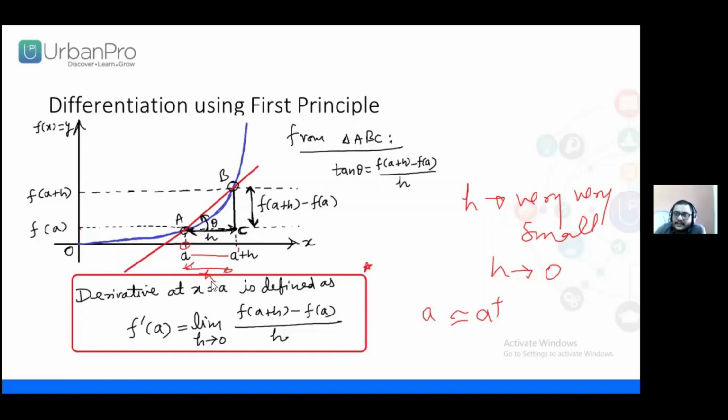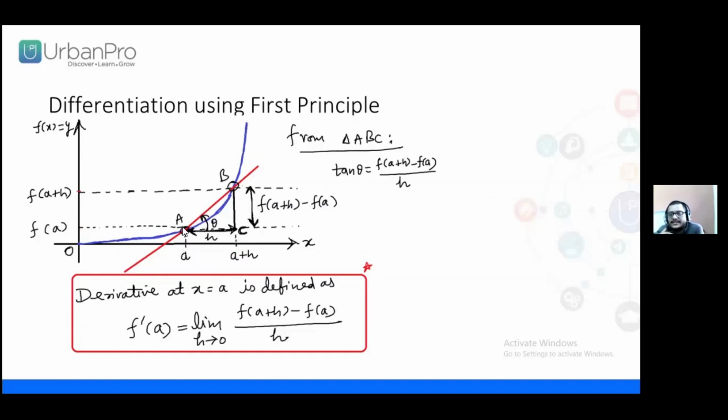Here we can see that the value of the function at a plus h is f(a plus h), and at a the value is f(a). The function is changing at a different rate at different points, so we will have to reduce this interval, tending towards 0. So we will take the limit that h is approaching 0.